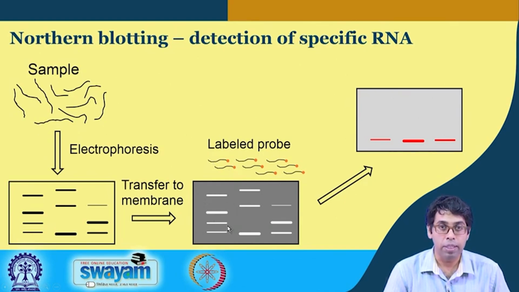So, then we will get hybridization, and finally, we can detect and see that yes, we do see our target sequence in these samples. Now, this is the schematic diagram of Northern blotting, and it is also the same for Southern blotting.